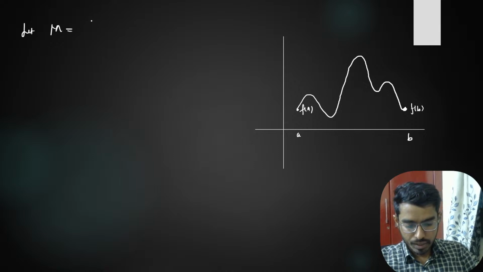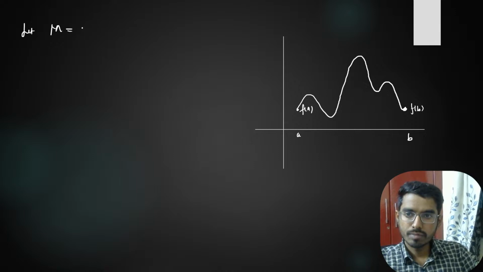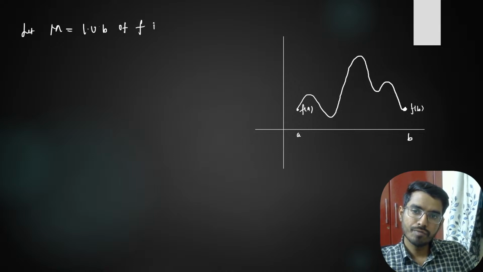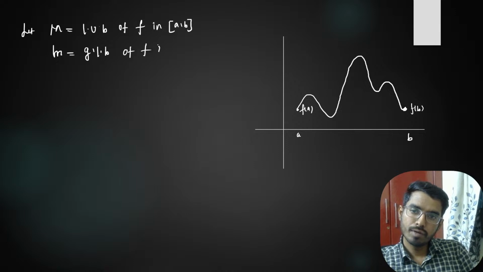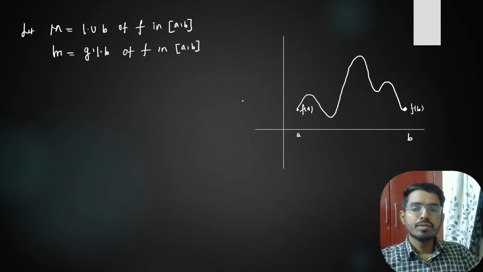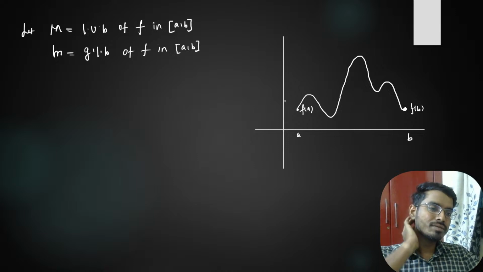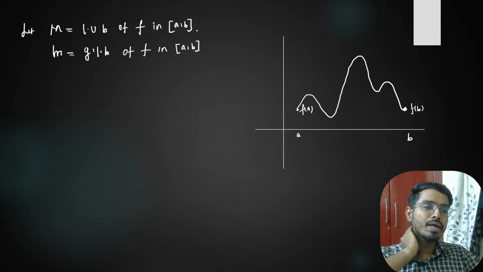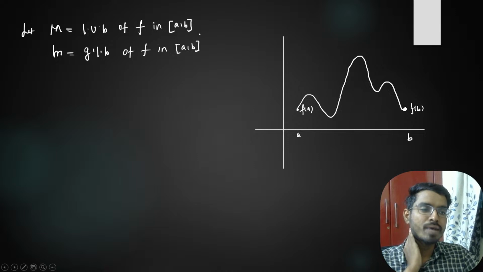Let capital M be the least upper bound of f in the closed interval a comma b, and small m be the greatest lower bound of f in the closed interval a comma b, right? See, least upper bound is very simple, right? If your f is bounded, then your least upper bound is nothing but your maximum value, and if f is bounded, your greatest lower bound will be your minimum value.